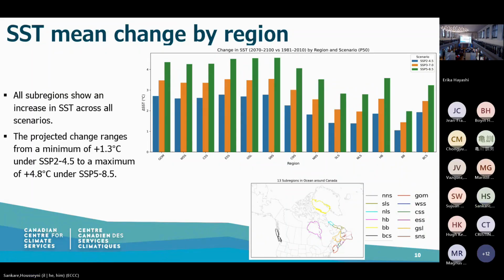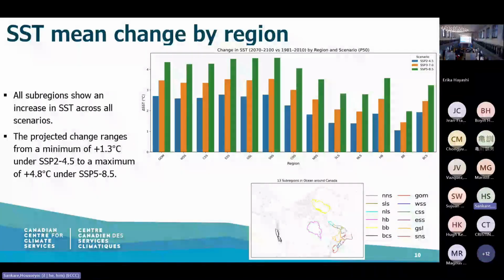Again, it is for our 13 ocean subregions across Canada, but here I didn't show all SSPs, just three, because the change is little for SSP2.6, a slight change here.